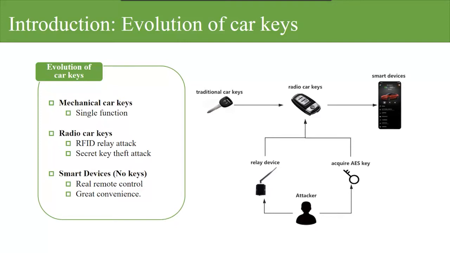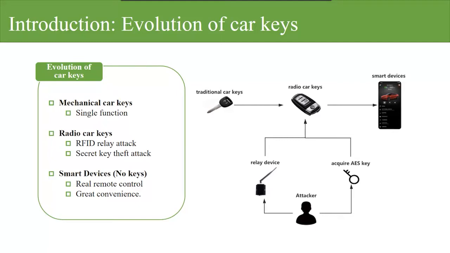Later, car manufacturers embedded electronic control devices in the car, which enables people to control the doors remotely by pressing the button on radio car keys. The remote control function of radio car keys is mainly realized by the embedded RFID chip in the communication process between the radio key and the car electronic control device.